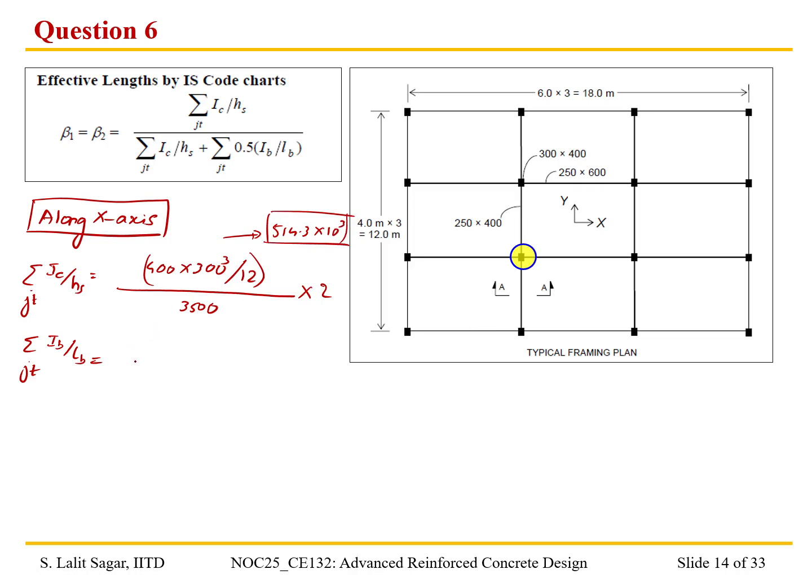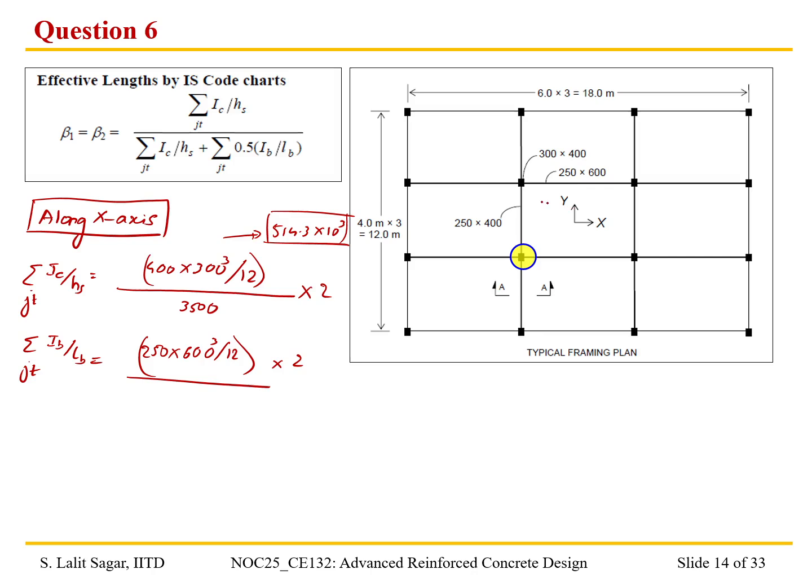Now IB by LB would be along the x-axis. These are the primary beams, 250 by 600 cube divided by 12. At this joint we have two beams joining in the x direction, so multiply by 2 and divide by LB.